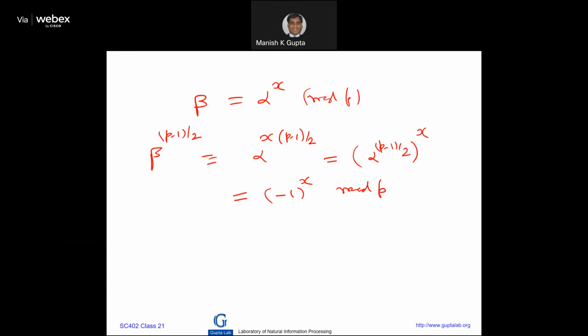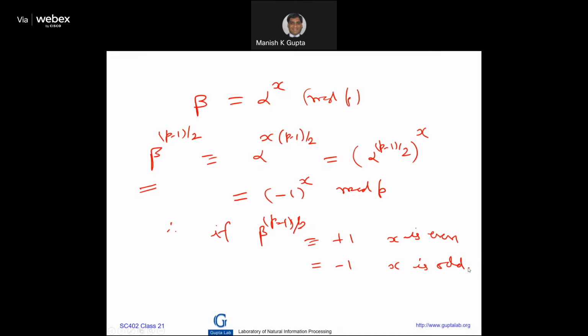Therefore, if this quantity is plus 1, we know that x is even. And if this quantity is minus 1, we know that x is odd.